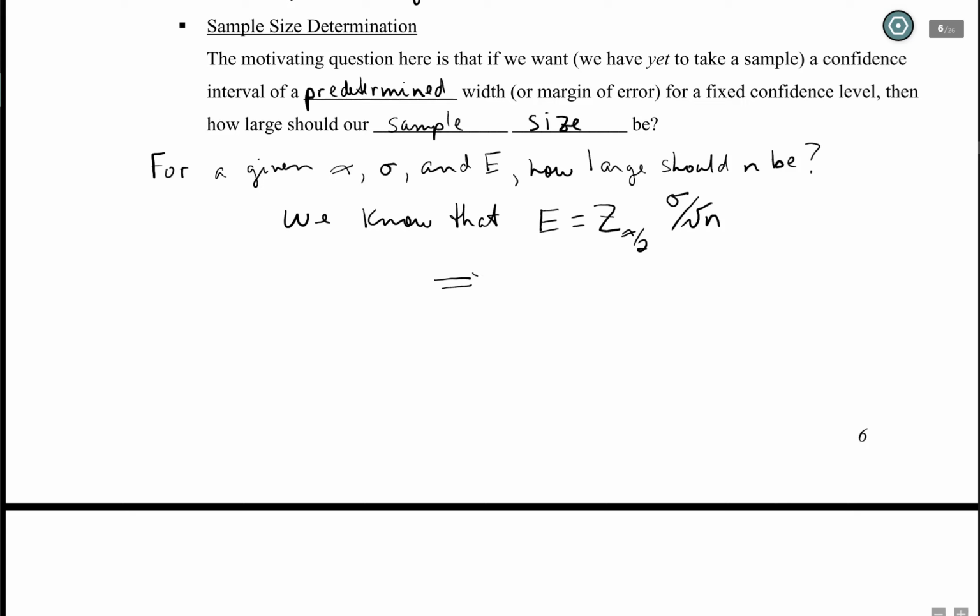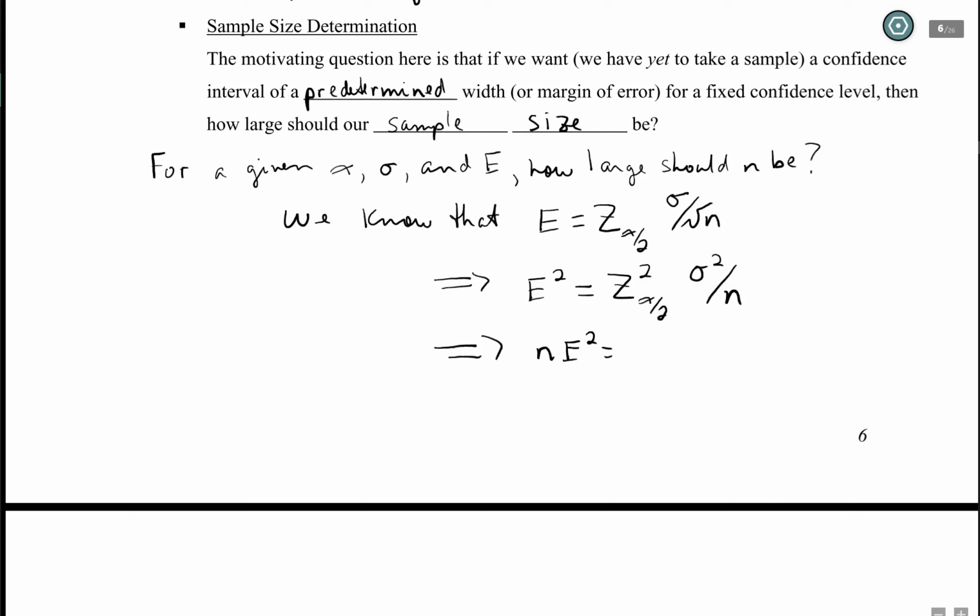Solving for N, we would square both sides because here I have the square root of N. I want to get to N there. If I square both sides, then I'll have this expression, E squared equals Z squared times sigma squared over N. Okay, and if you want to get N by itself, you multiply both sides of this equation by N.